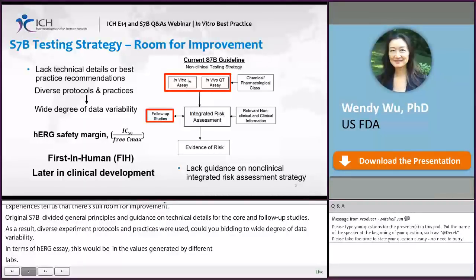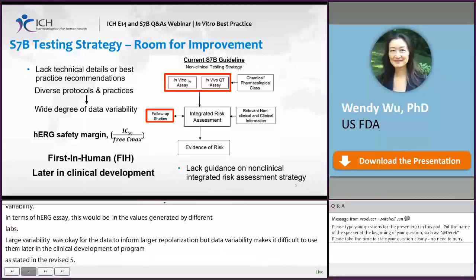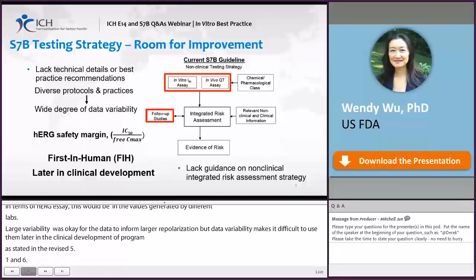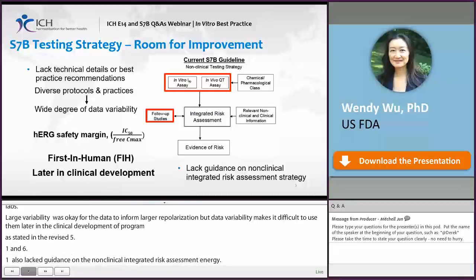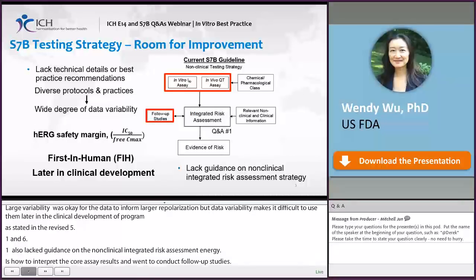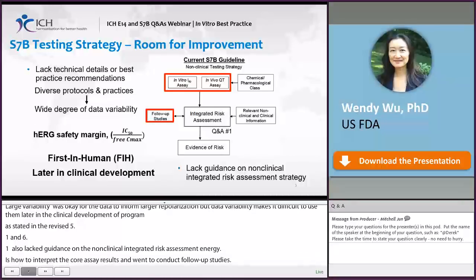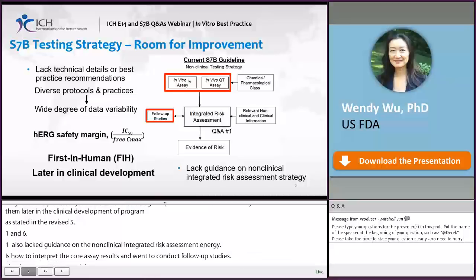The original S7B also lacked guidance on the non-clinical integrated risk assessment strategy. That means how to interpret the core assay results and when to conduct follow-up studies. And therefore, the S7B Q&A document was created. S7B Q&A 1 was presented yesterday, and it deals with principles of non-clinical integrated risk assessment.